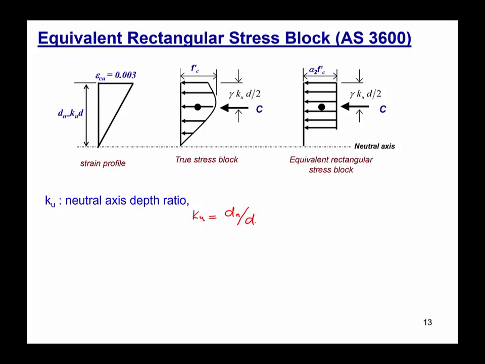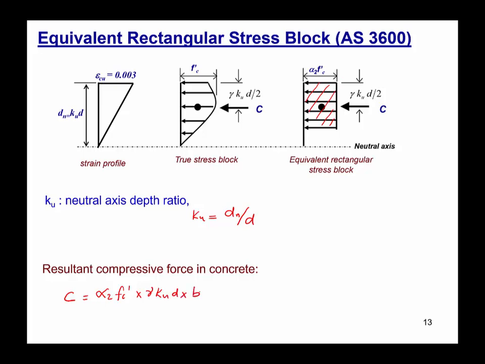As we idealize or simplify the true stress block using an equivalent rectangular block, we can easily find the volume of this equivalent stress block to find the total compressive force C. The resultant compressive force in the concrete is represented by C, which is the volume of the equivalent rectangular block here. To find that, it is alpha 2 fc dash multiplied by the height, that is gamma Ku d, multiplied by the width of the beam, that is b.